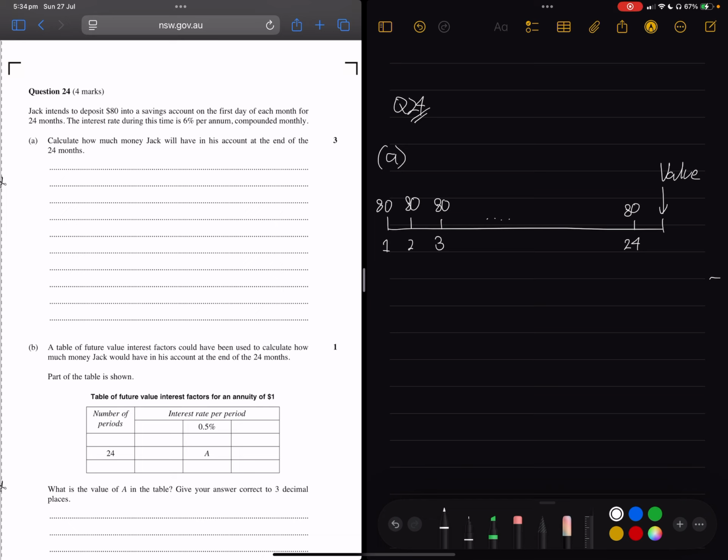So the total value, let's call this T, the last payment of $80 is going to compound by 0.5% because it's 6% divided by 12. That's the monthly compounding. So it's 1 plus 0.005 to the 1. It compounded once.